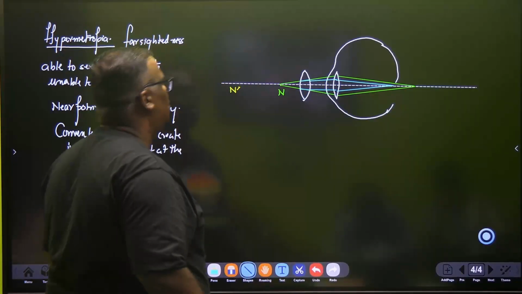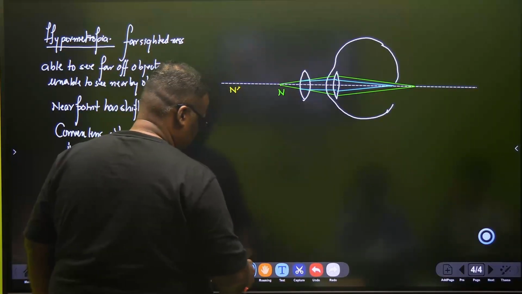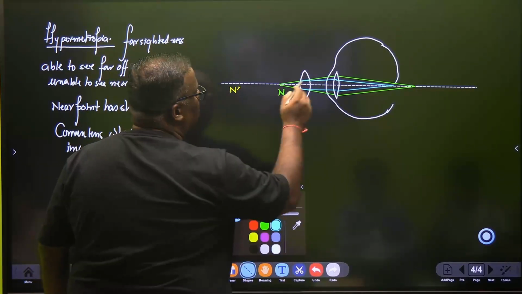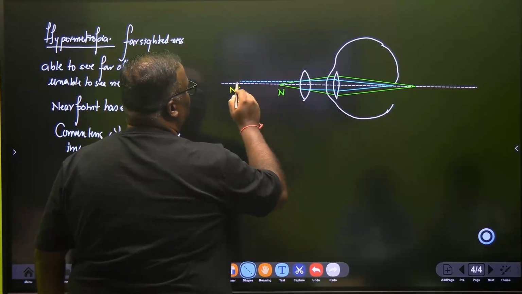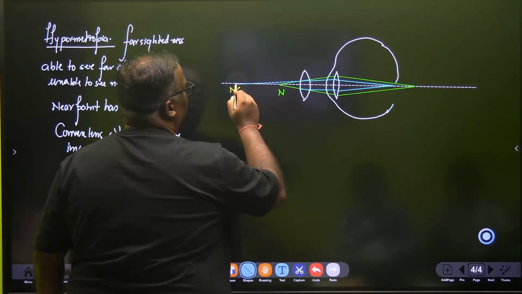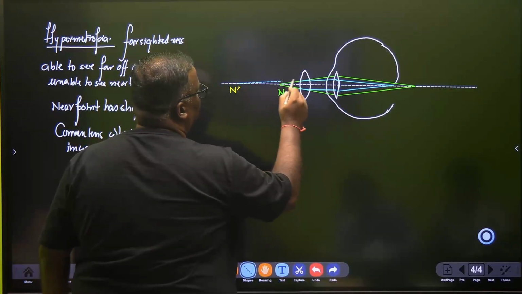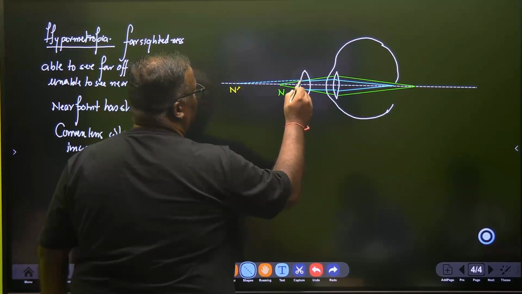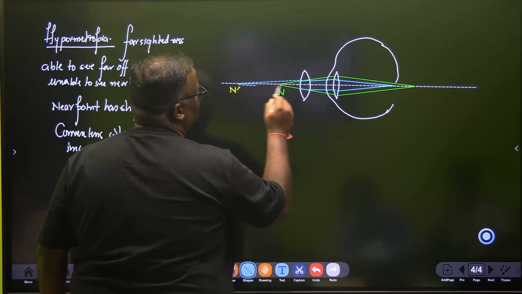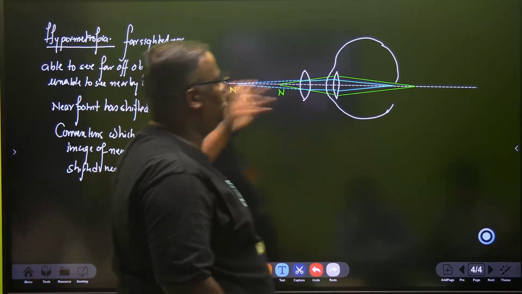And if you look at it from this side, then it's actually... anyways, adjust it. So this is how he is able to see.